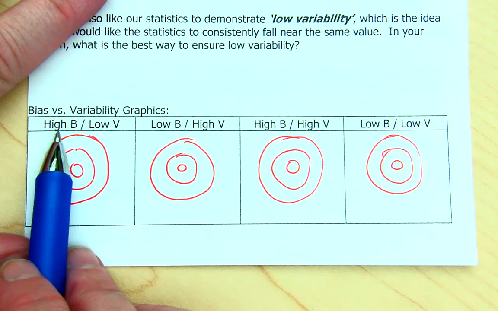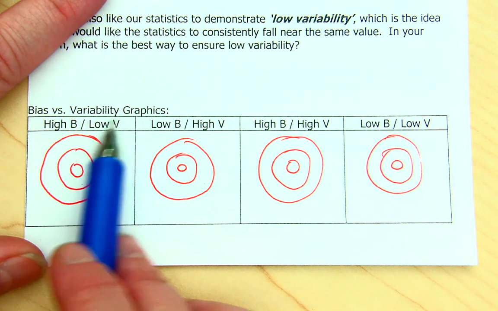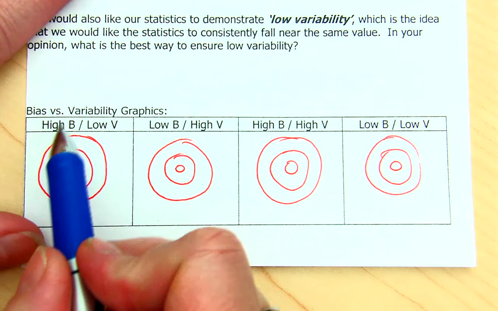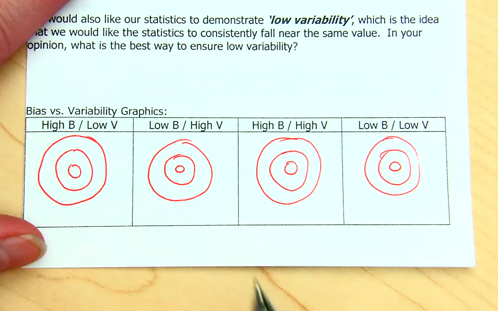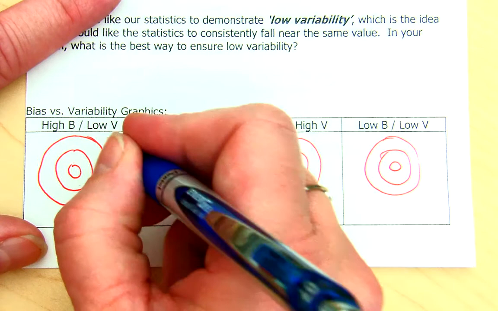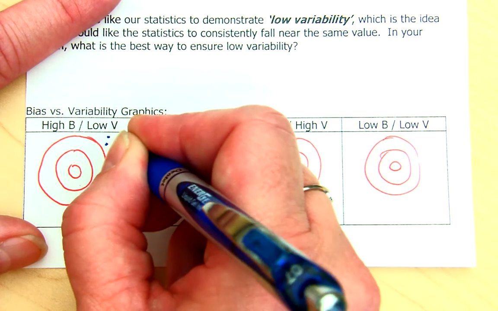So for our first target, we have high bias, low variability. Low variability means it's really close together. High bias means we're aiming here, but it's going somewhere else. So high bias, low variability would look like this.